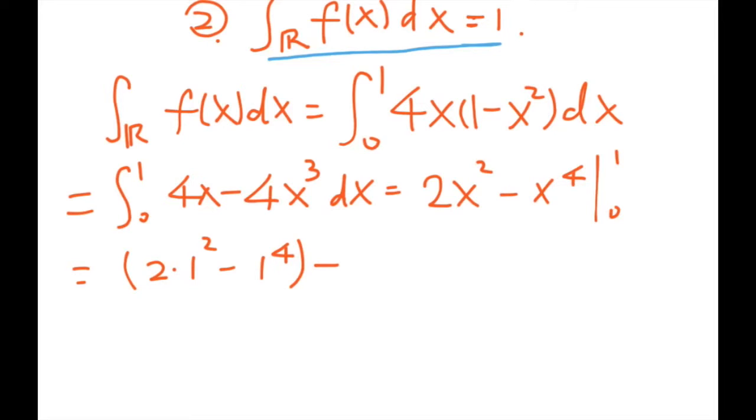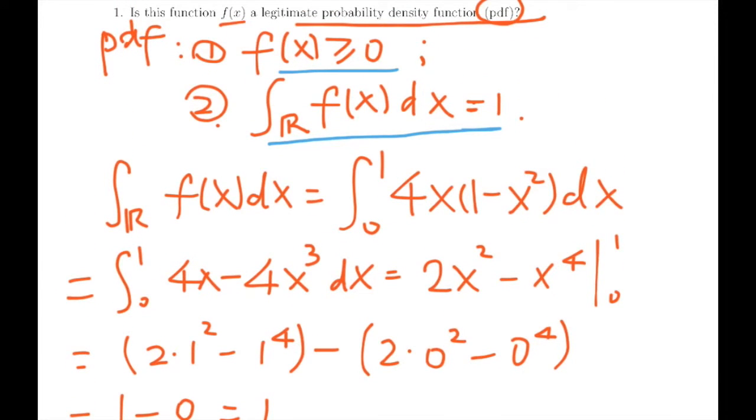And then minus, we plug in x equal to 0: 2 times 0 squared minus 0 to the 4th. If we do the algebra, we have 1 minus 0, which is equal to 1. So we can see that the second criterion is also satisfied. So we can conclude that this function f is a legitimate probability density function.